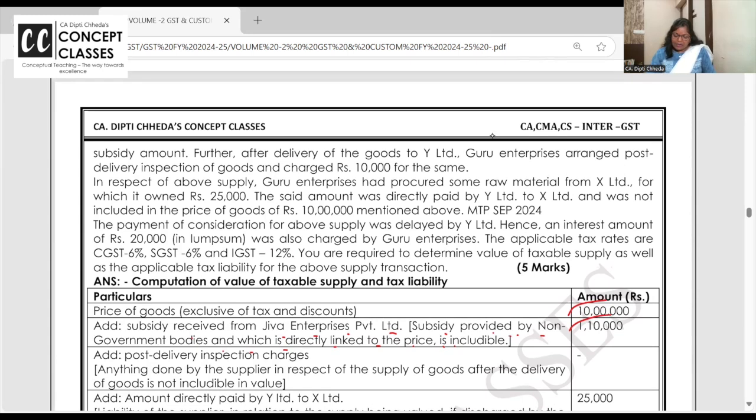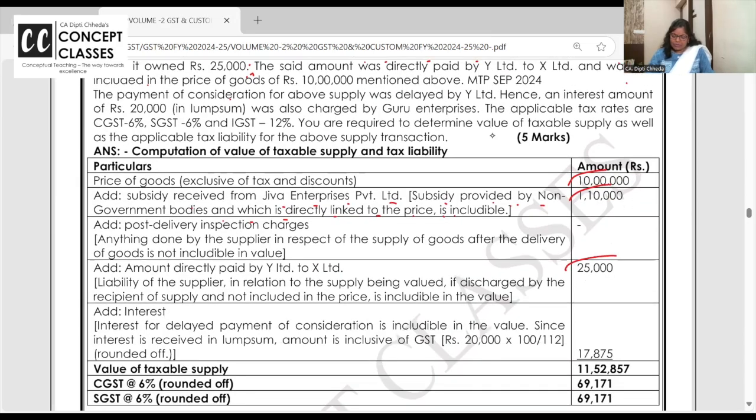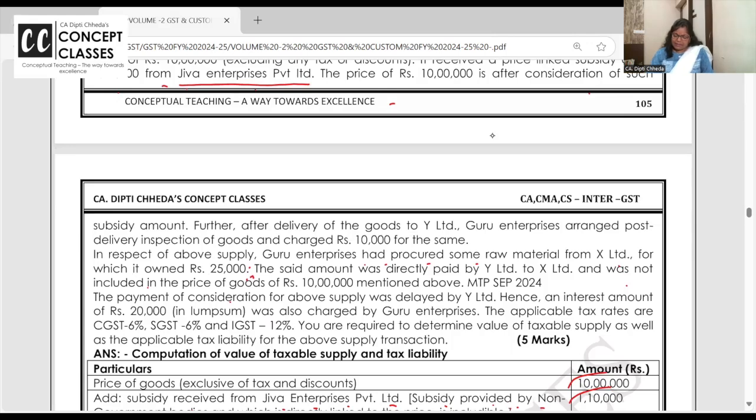Now, Guru Enterprises procured some raw material for which it owed 25,000. The said amount was directly paid by Y Limited to X Limited and was not included in the list price. So you have paid the amount directly to a third party, add back.